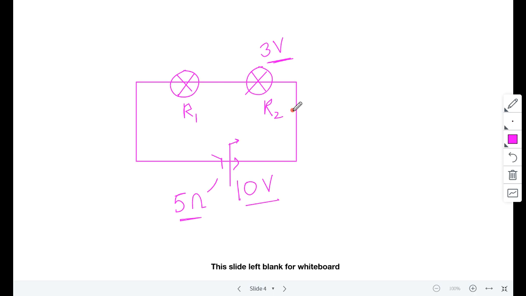So then R1 would equal 7 over, sorry, I is 2. Oh sorry, yeah, that's what I mean.